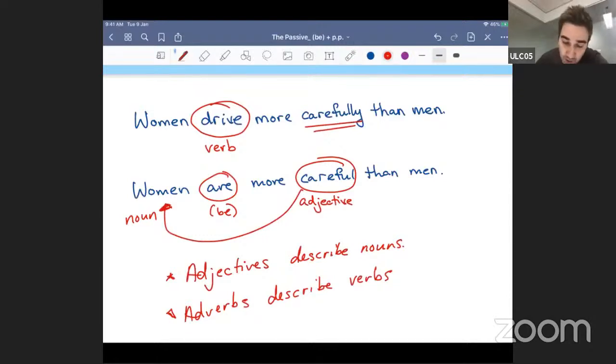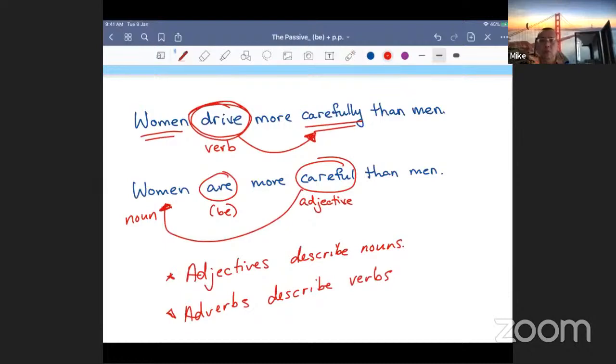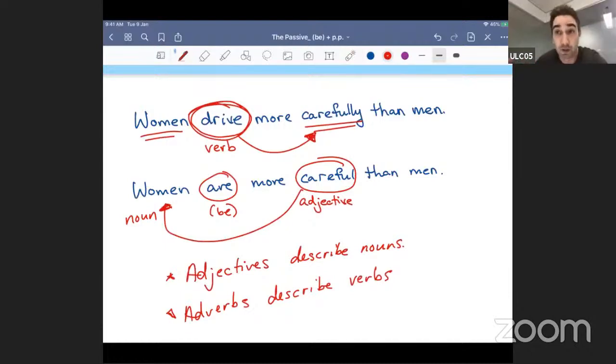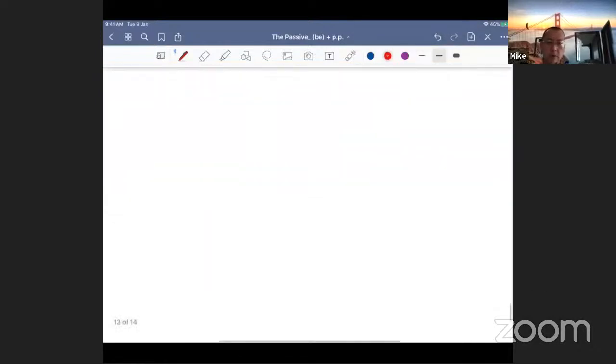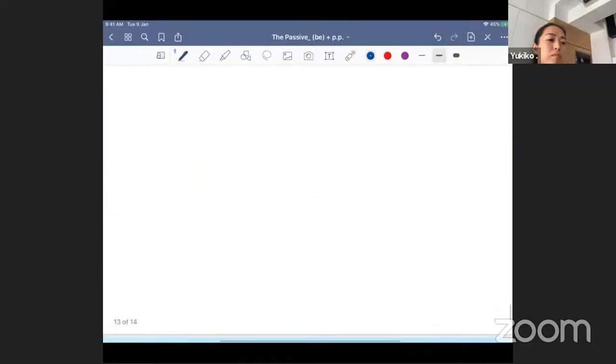So in this case, we're not talking about women. We're talking about women driving. So we're trying to describe the verb. That's why we say drives carefully, right? Oh, yeah. So carefully is the other word. Yeah. The other word.